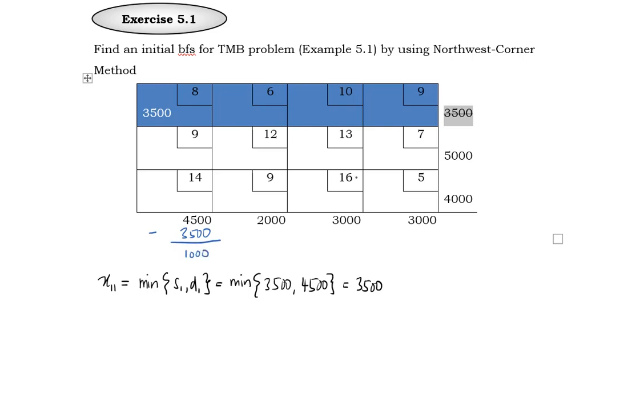Next, the most northwest remaining variable is x21. So we set x21 as the minimum between S2 and D1. S2 is 5,000 and D1 is 1,000.